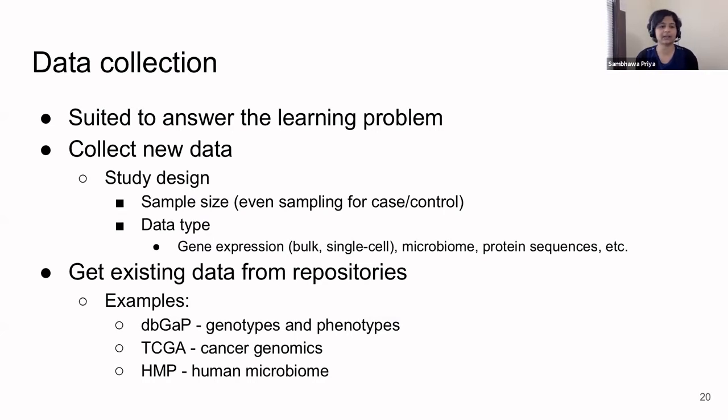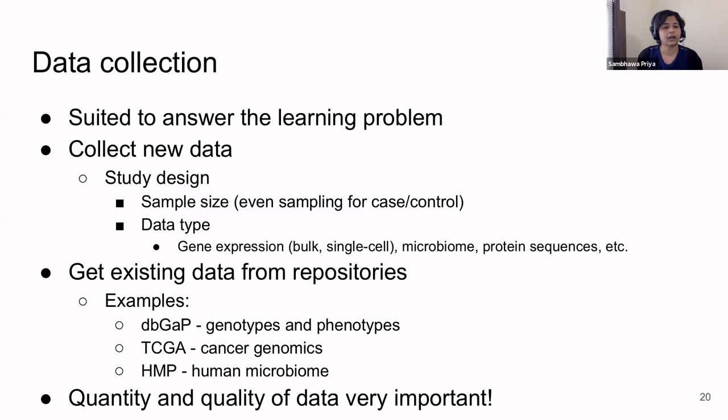The point is that this is an important thing to consider, because the quantity and quality of data is very important for building our machine learning models and for their performance. So this is an important thing to keep in mind.